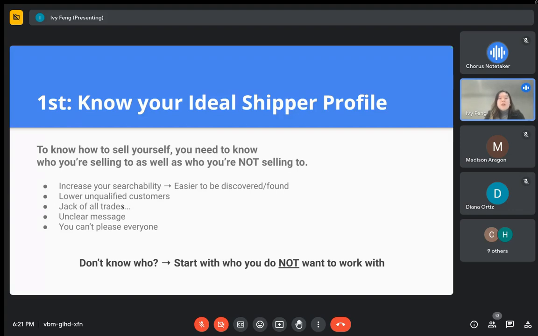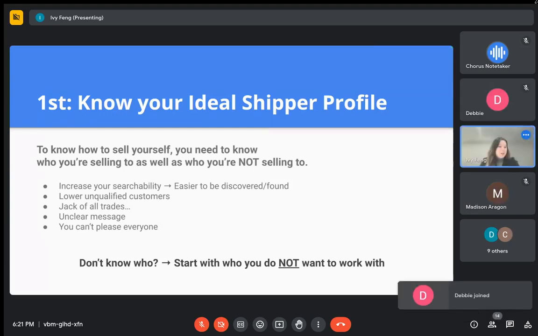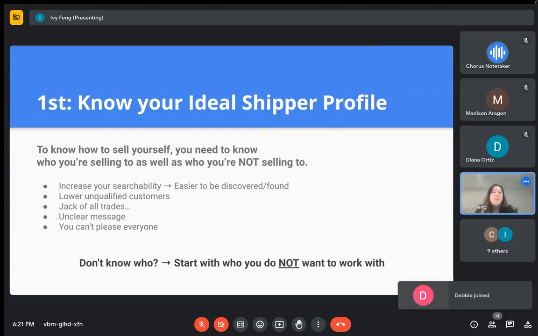It's also better to be able to show that, hey, instead of saying I can do everything, you can say, hey, I'm really good at being able to do, like, my specialty is in cross-border California and Mexico, or my specialty is in hauling ice cream specifically, or my specialty is I know what it's like to do produce and all those kind of things, right? So it's better to have a clear message, and it's important to realize that you can't always please everyone.